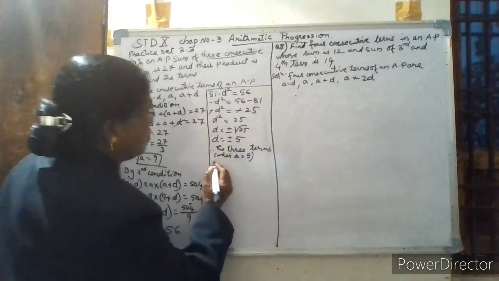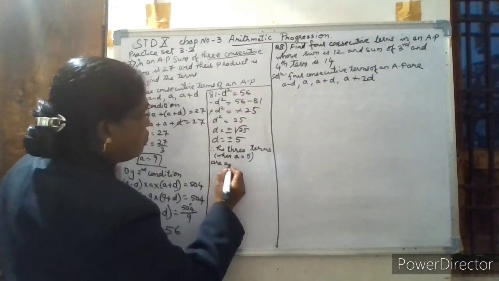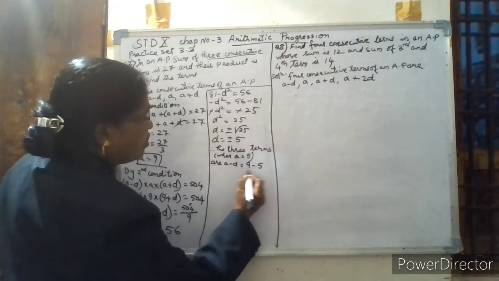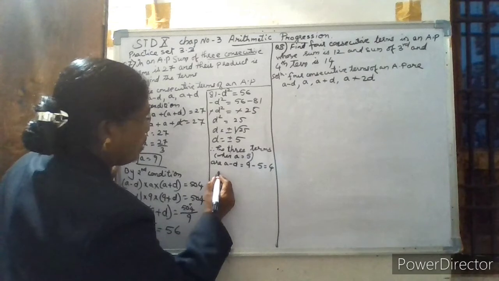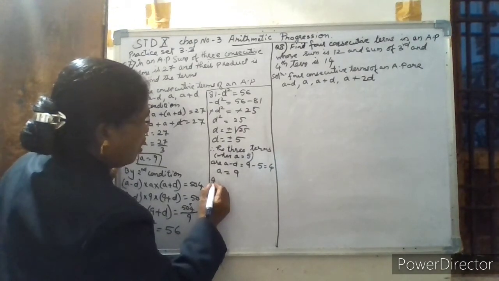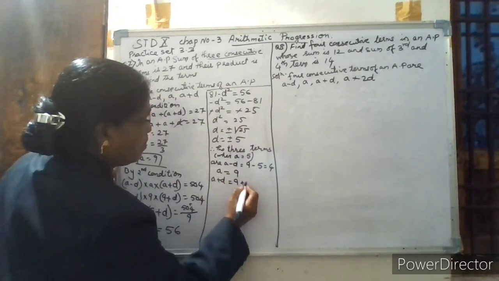The 3 terms are: first one a minus d, that is 9 minus 5 equal to 4. Next one is a, that is equal to 9. Next one is a plus d, that is 9 plus 5, equal to 14.